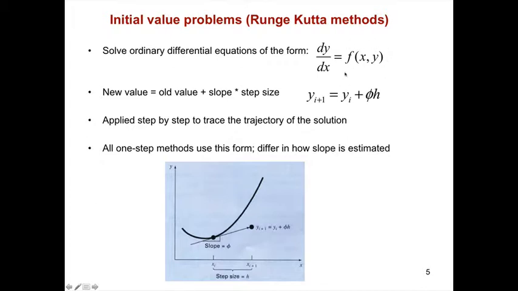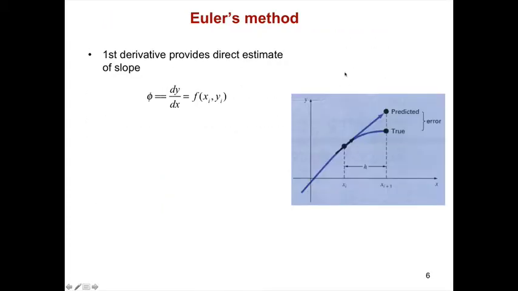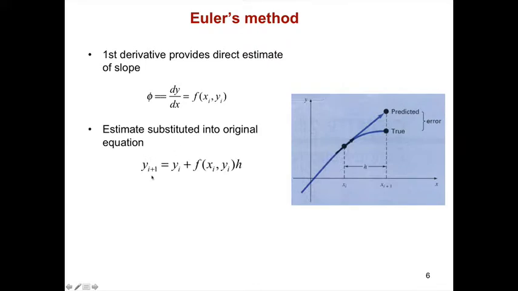This is given. So my simplest method, called Euler, says yi plus 1 is yi plus the derivative at point xi, yi times h. And that's it. That is the simplest thing I can do.